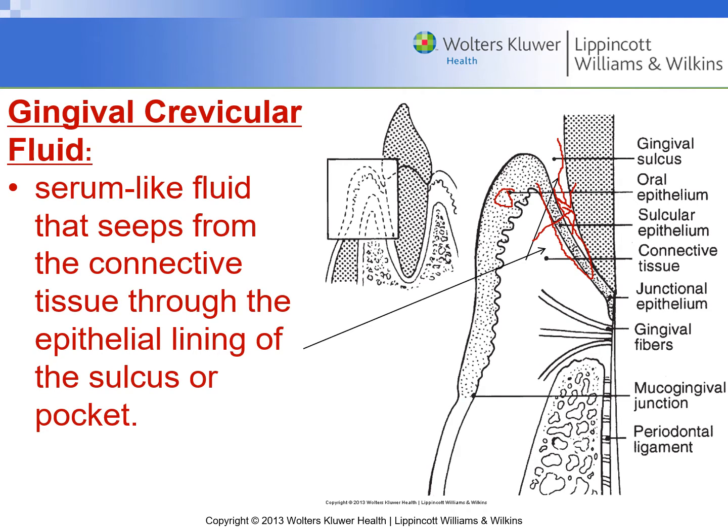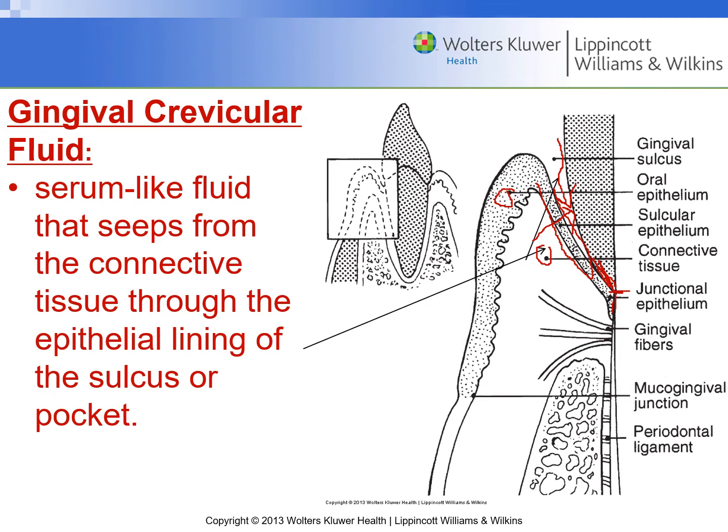So then you have all this connective tissue. You have your junctional epithelium down here. What the junctional epithelium is, is at the very base of a sulcus, and it is going to hold the bottom of the tooth up close to the tissue. And it forms the base of your pocket right here. It'll be from here to here.